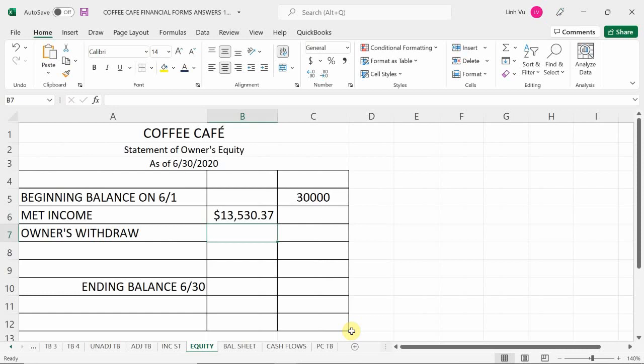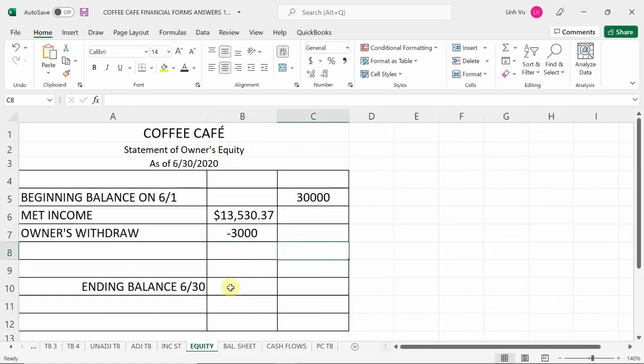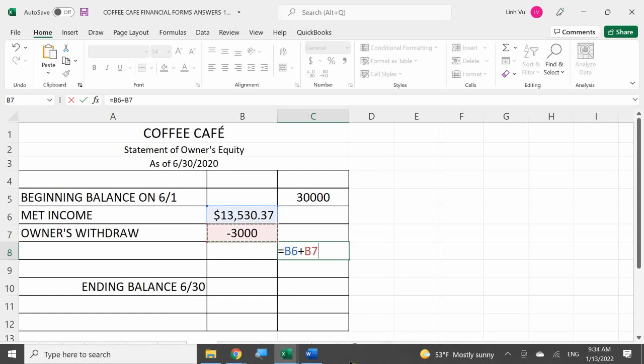$13,530.37. However, we also had to take out some money. How much did we take out? We took out $3,000. So what is going to be the total equity that you either have to add or subtract? We take the difference between the profit and the withdrawal.